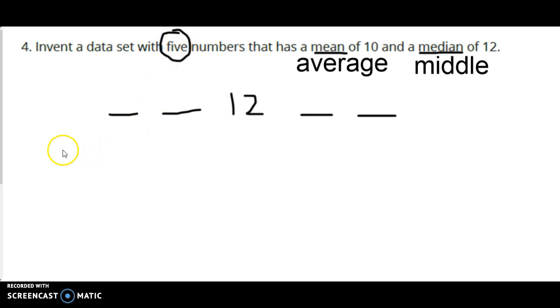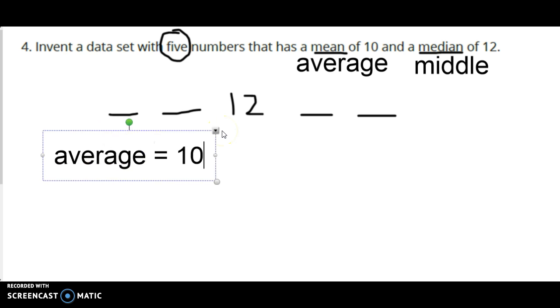Okay, look up here to review. I think the easiest way to do this is to write an equation. What I know is that the sum of all these numbers, divided by 5, has to give the average of 10. So what does that look like as an equation?